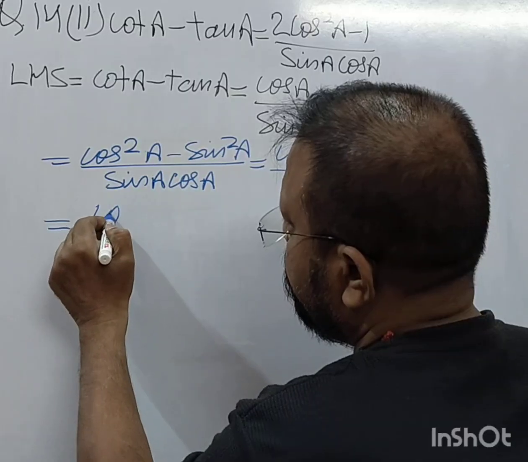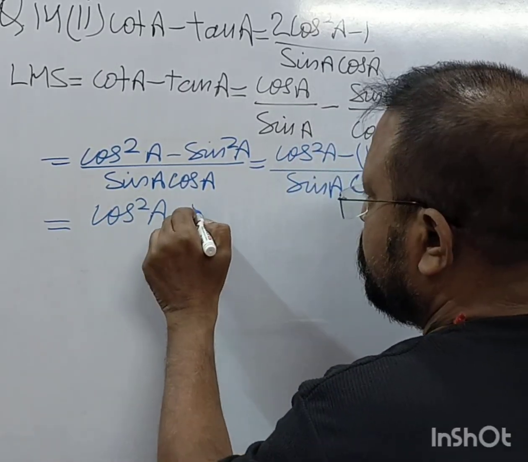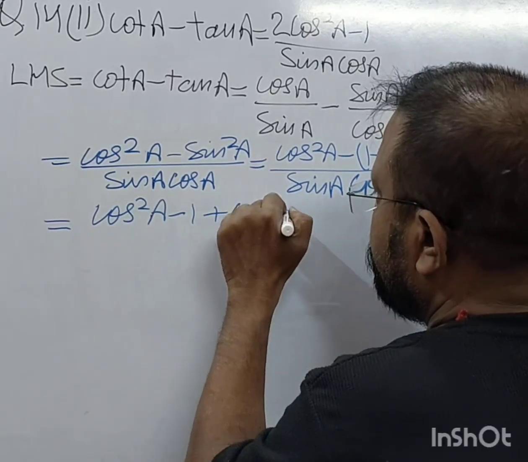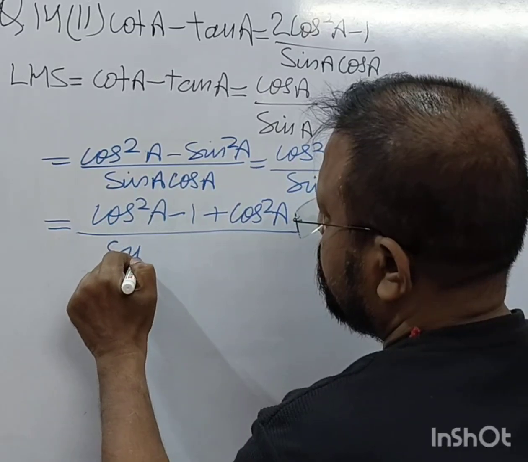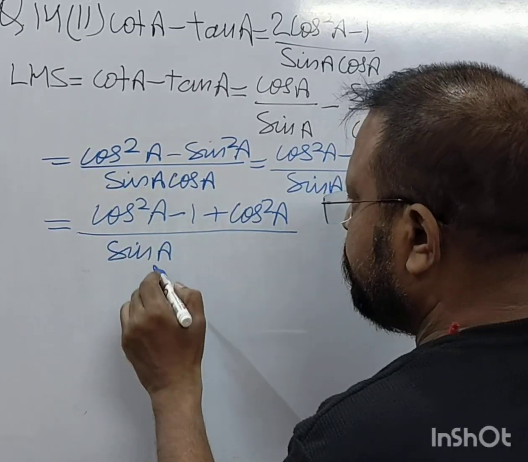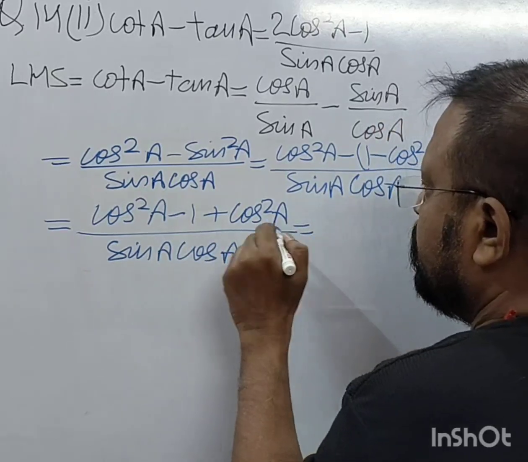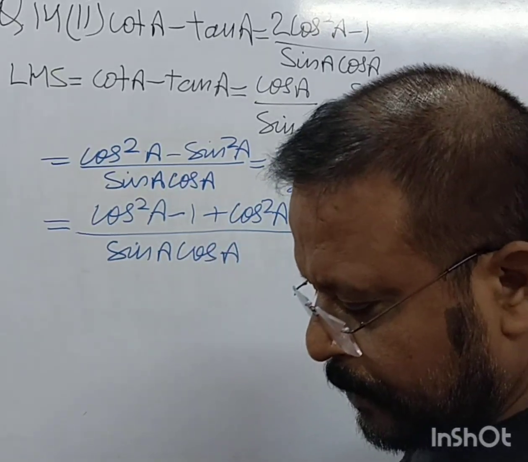So now cos square A minus 1 plus cos square A upon sin A cos A. So they will be added together, right?